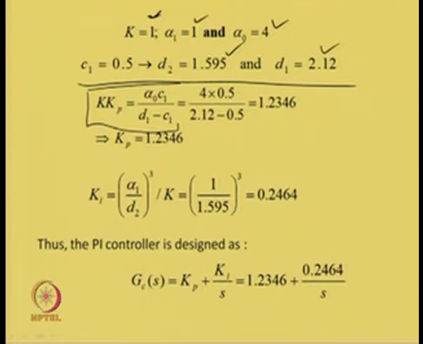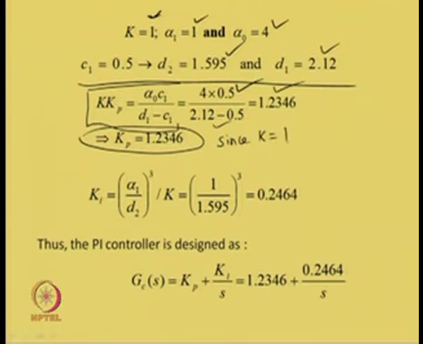So, 4 times 0.5 upon 2.12 minus 0.5 gives us Kp of value 1.2346, since k is equal to 1.